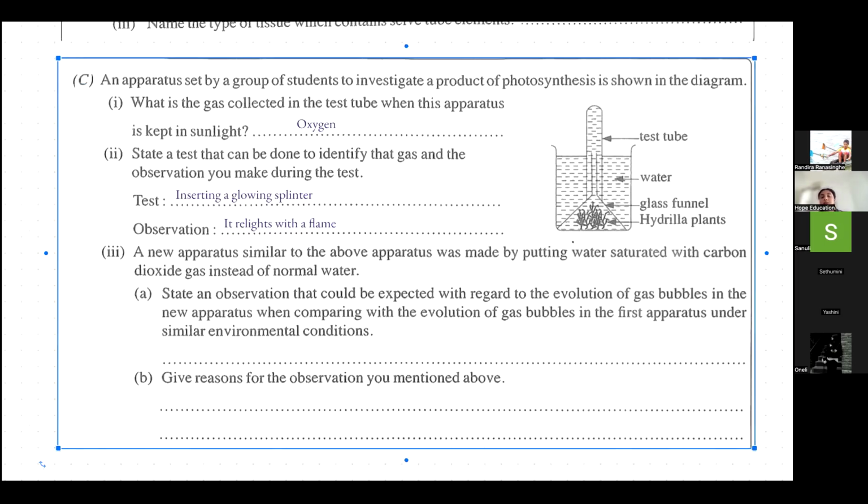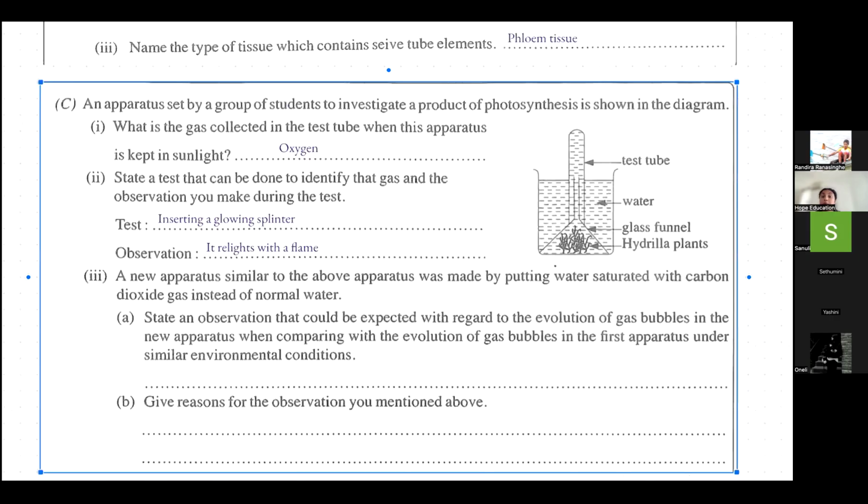A new apparatus similar to the above apparatus was made by putting water saturated with carbon dioxide gas.